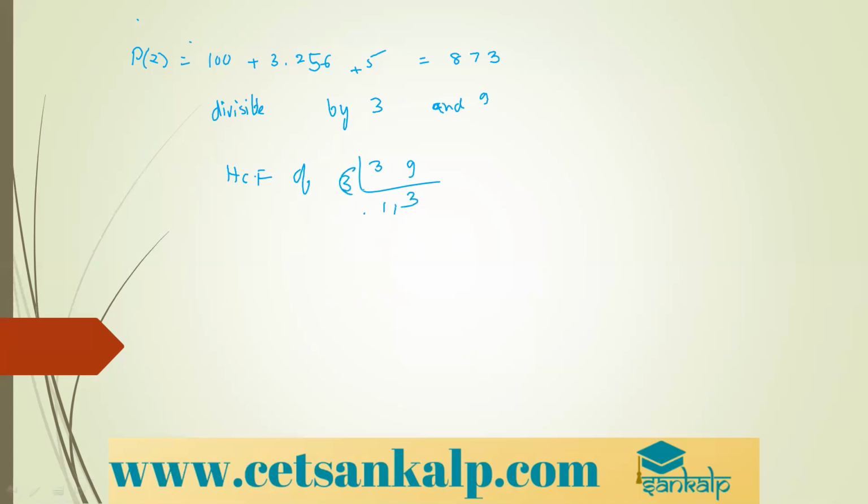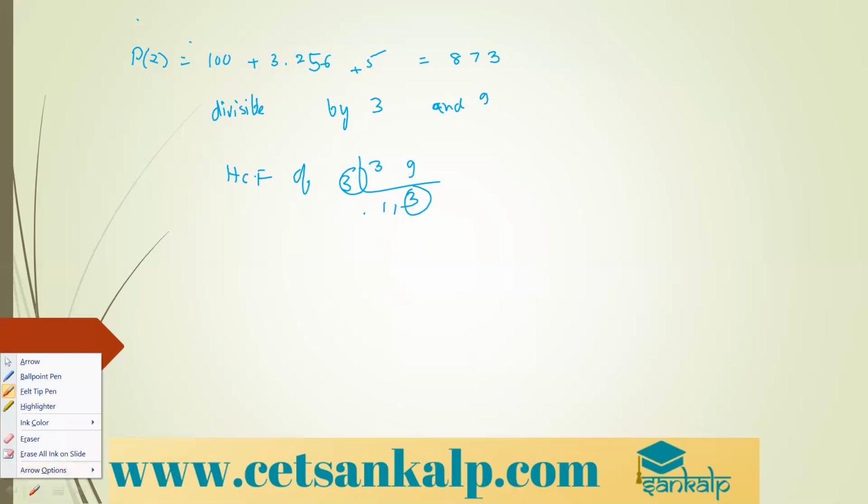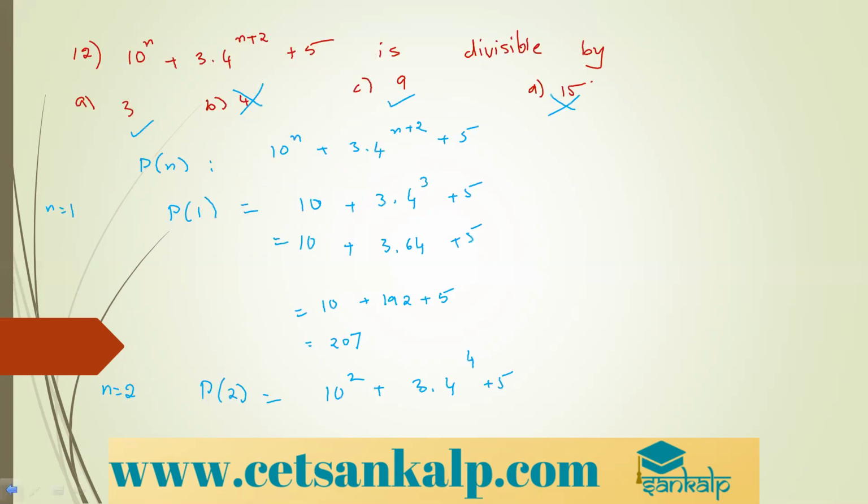That means 9. So it is divisible by 9. We have to go for C, cancelling A.